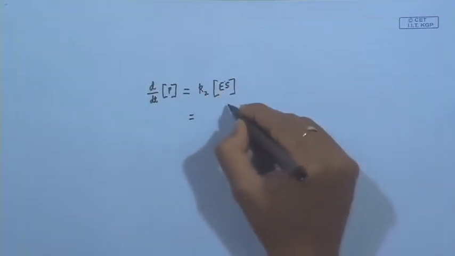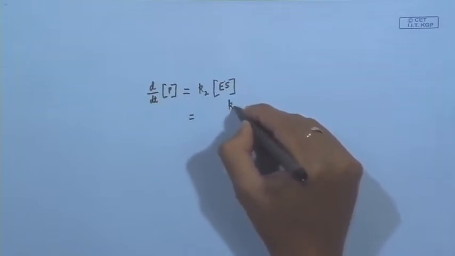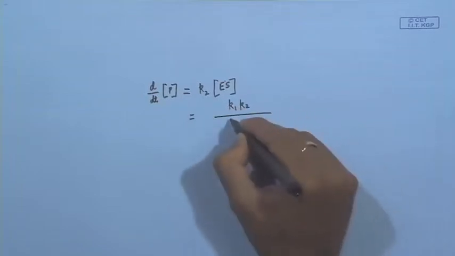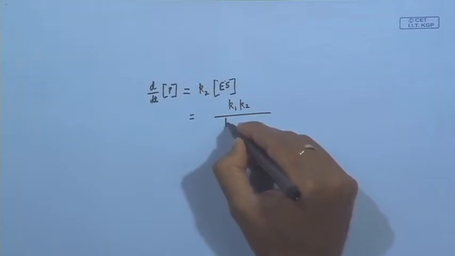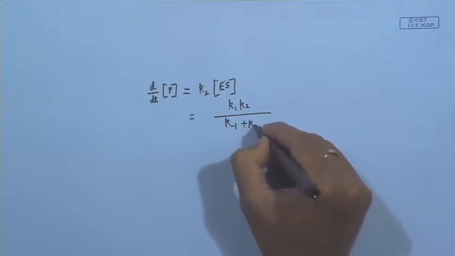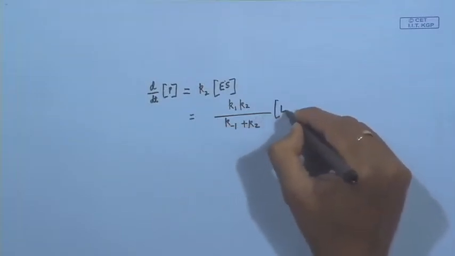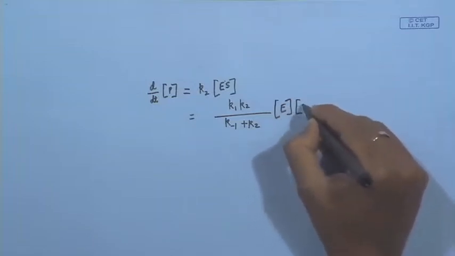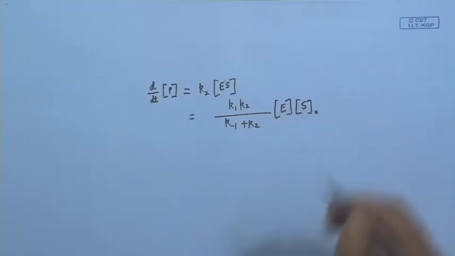So, that is equal to k1 k2 by (k minus 1 plus k2) times the enzyme concentration E times S0, the initial substrate concentration.